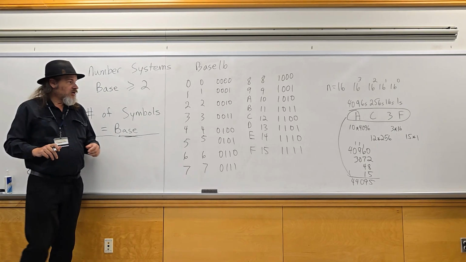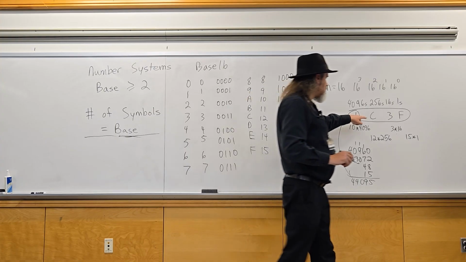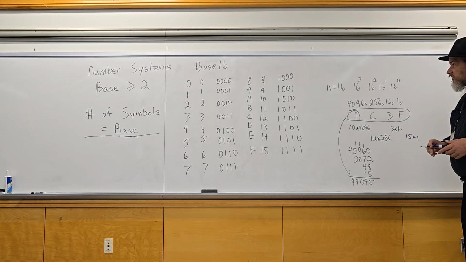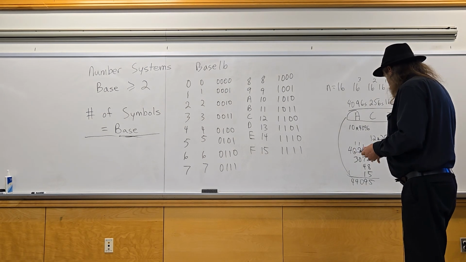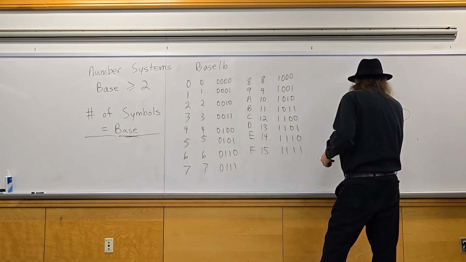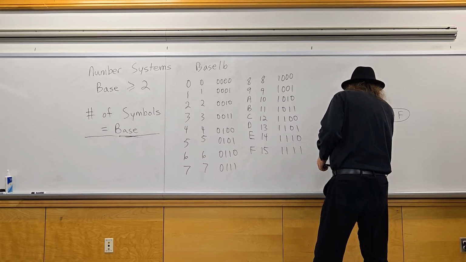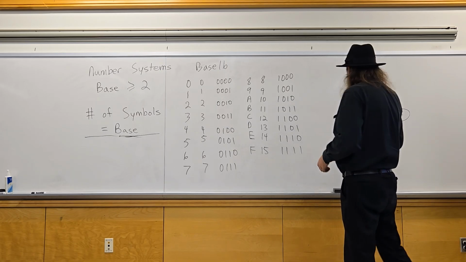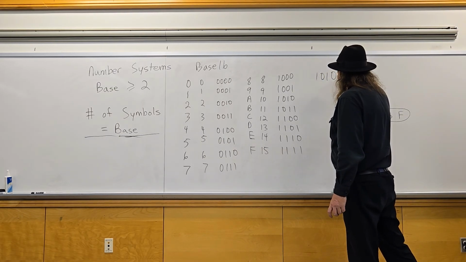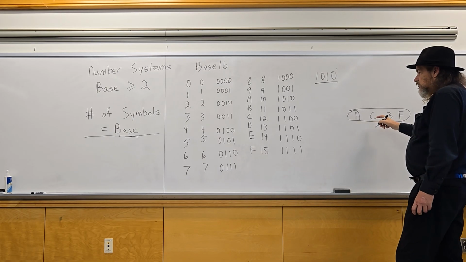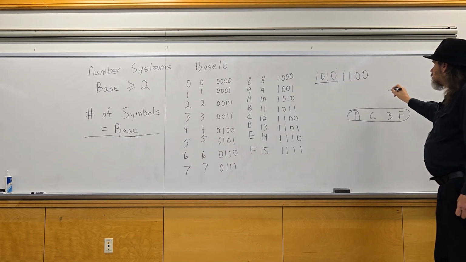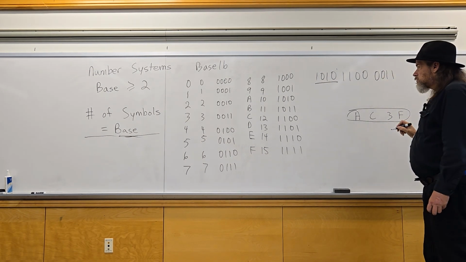So in converting this number here to binary, you would just substitute A for 1010, C for 1100, 3 for 0011.